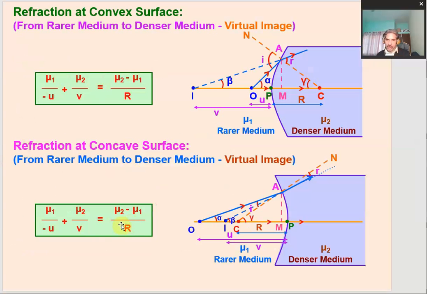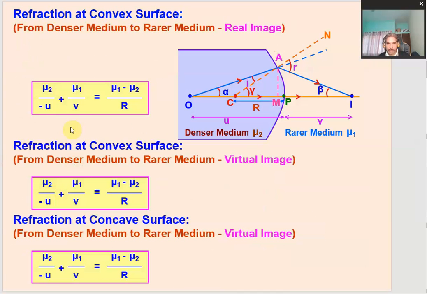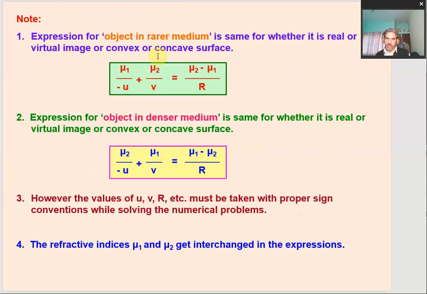They are nothing but the equation we received earlier, and the only difference is mu2 and mu1 here and mu1 minus mu2 here, whereas earlier it was mu2 minus mu1. So in all we will get only two equations. In order to understand the concept of lenses further, we have to remember only these two equations.